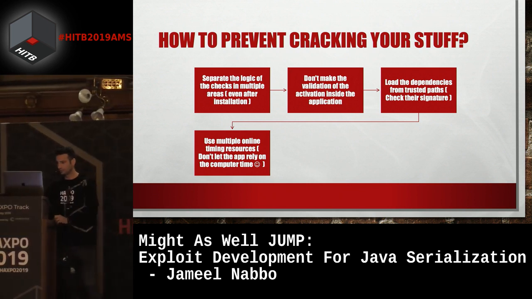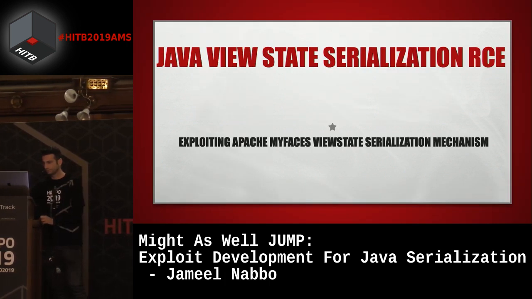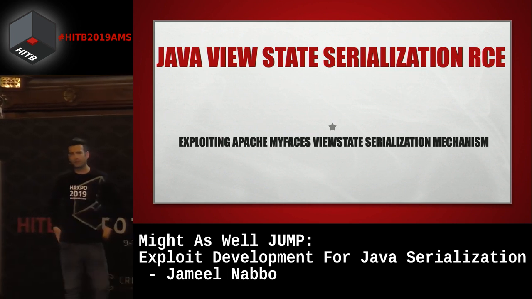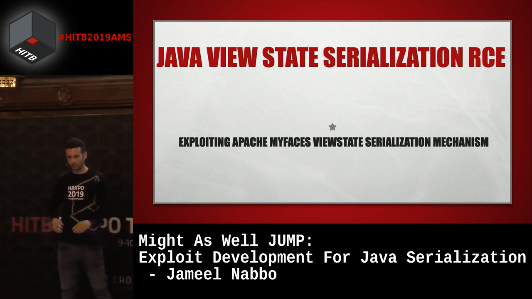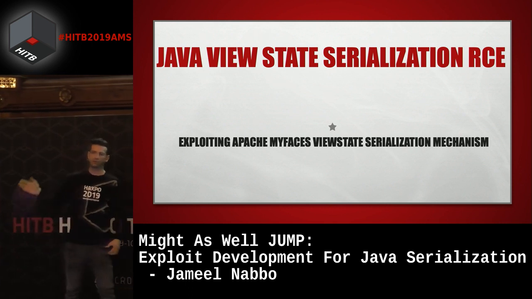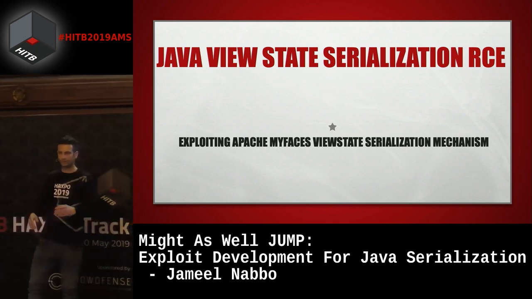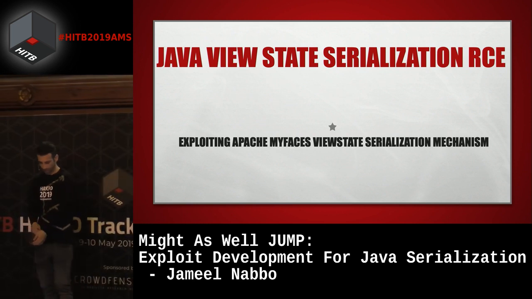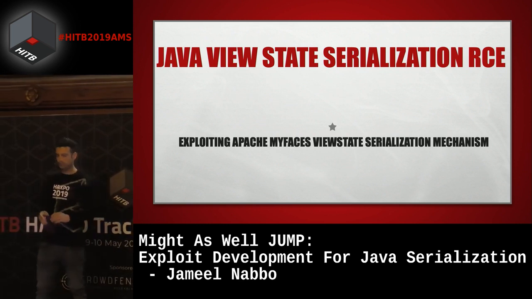The second one is about exploiting the view state serialization. It's really common, like Java serialization, when you have, let's say, a JSON that is loading from a different area, and then you deserialize this into an object, and then you do whatever you want with these objects. But this goal is not about serialization.